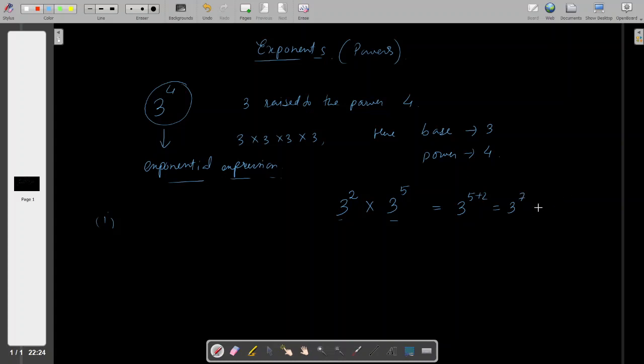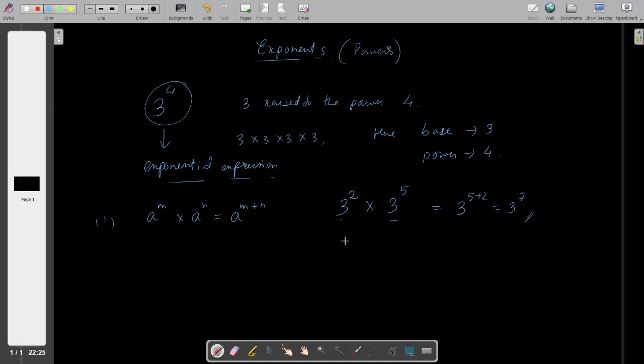From this you get a formula: a raised to the power m multiplied by a raised to the power n is a to the power m plus n. So this is your first formula.